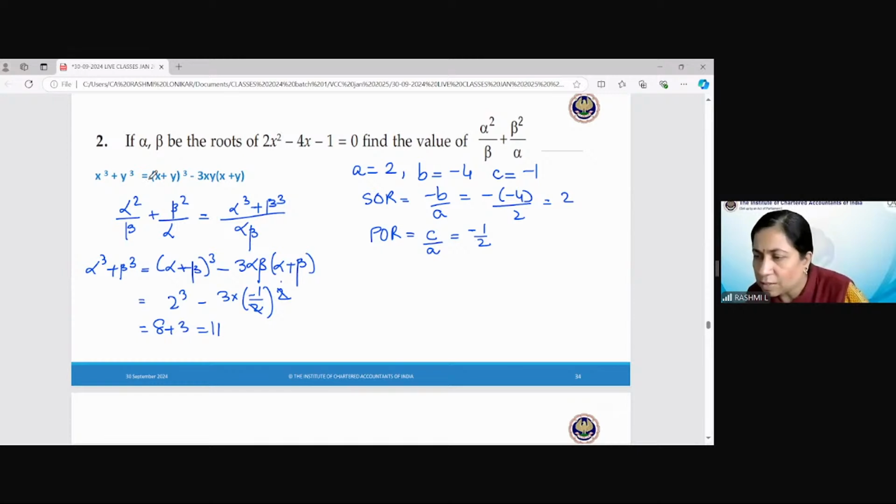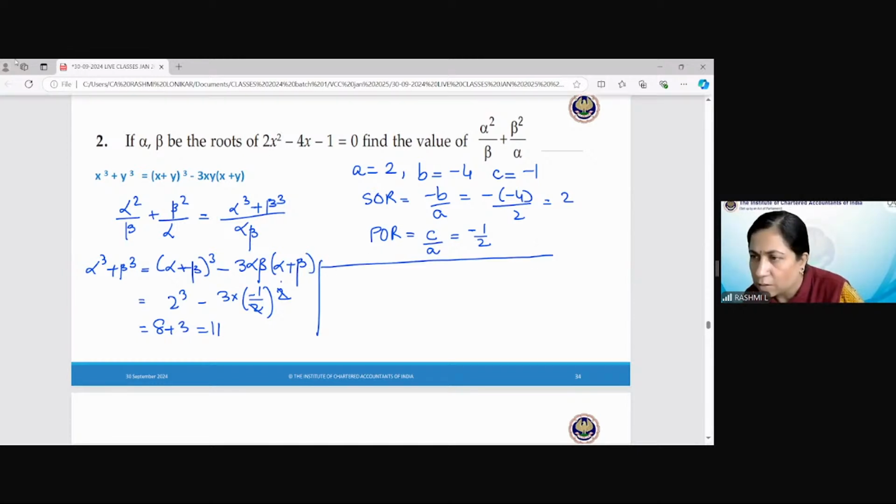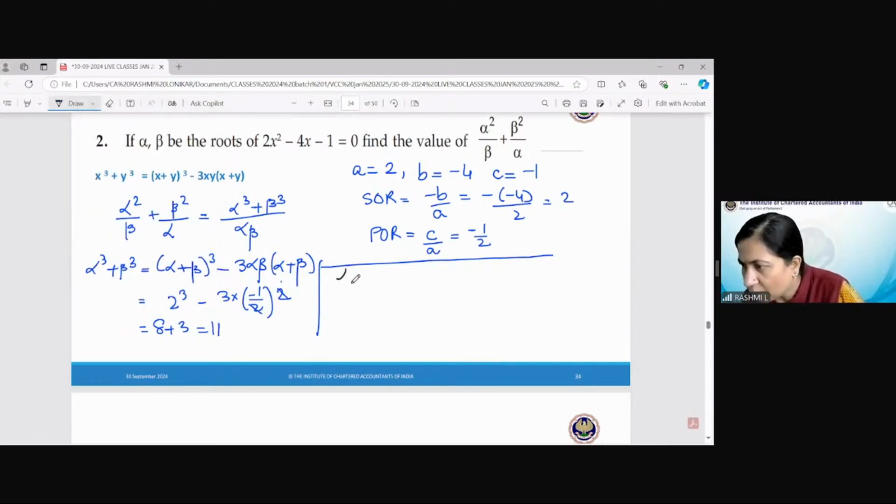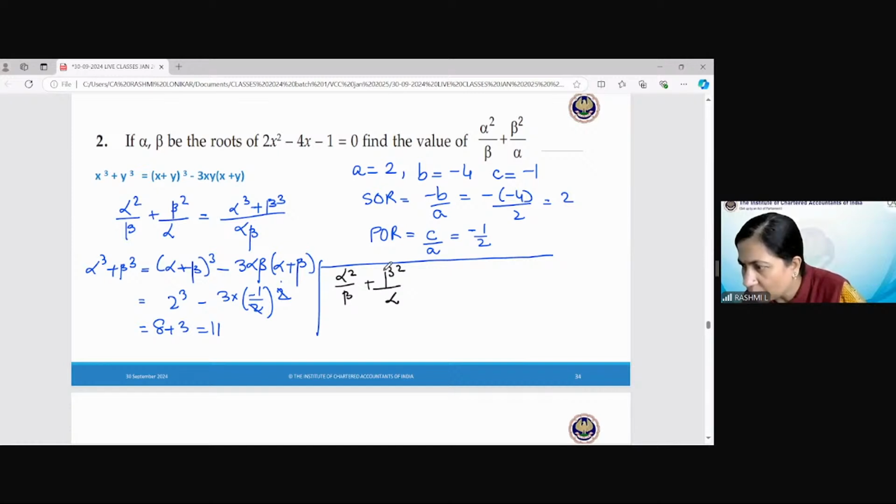Now, what have they asked us? They have asked us alpha square upon beta plus beta square upon alpha. This I have written as alpha cube plus beta cube upon alpha beta. Alpha cube plus beta cube I have found as 11.